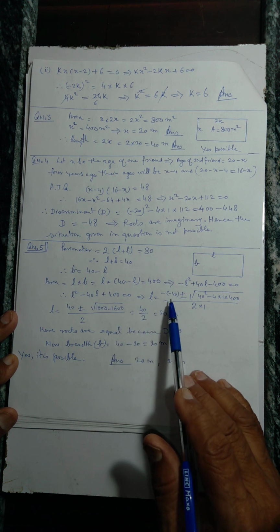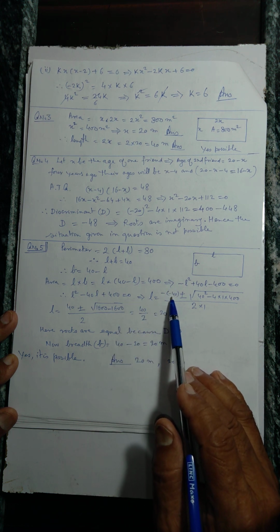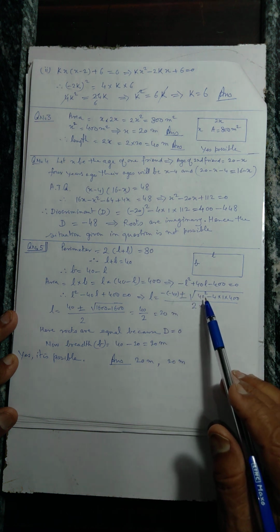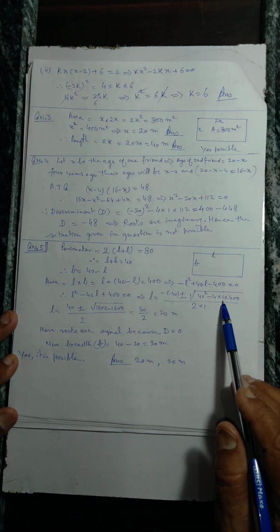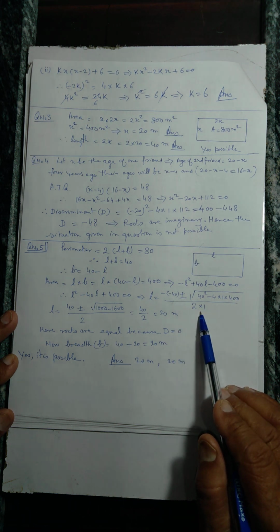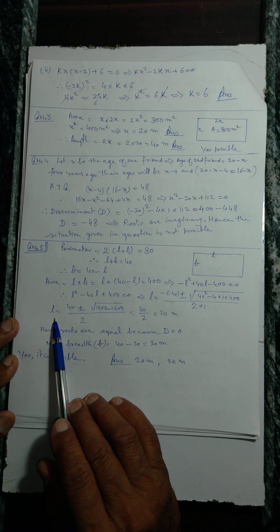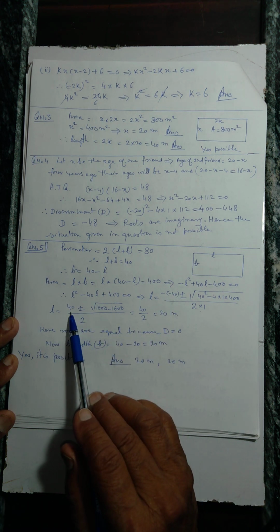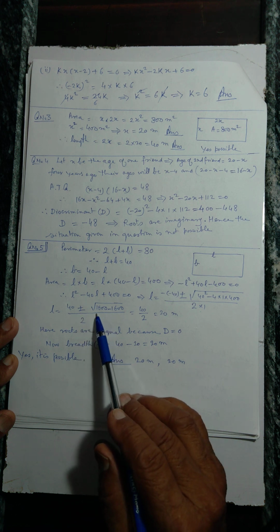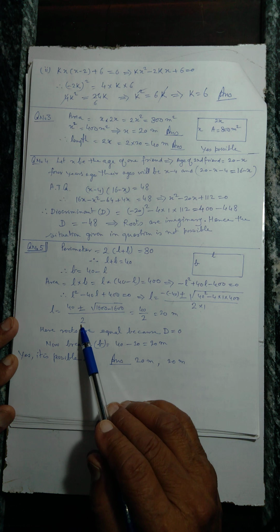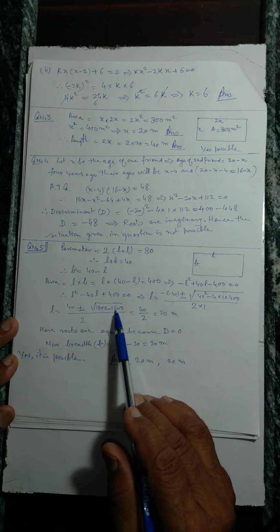So L will be equal to minus, inside the bracket, minus 40 plus minus root of 40 square minus 4 into 1 into 400, whole divided by 2 into 1. So L will be equal to 40 plus minus root of 1600 minus 1600, whole divided by 2. So it will become 0.